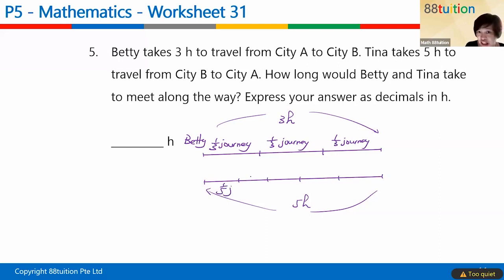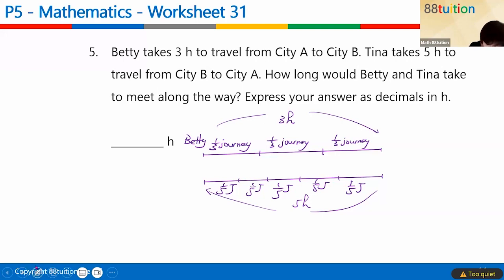J stands for journey, I write it in short. So this is 1/5 journey. I'd better write a big J.